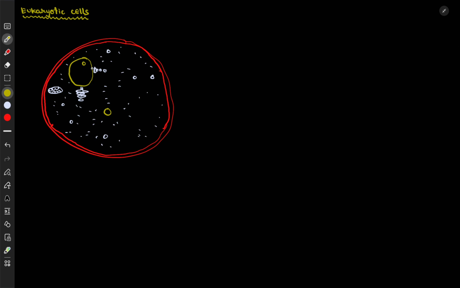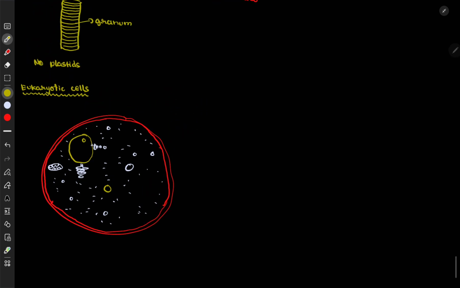We'll explain each of them in detail, so you don't need to worry. Now, this may look like a really simple diagram, but you have the nucleus, cytoplasm, then a few small vacuoles. Let's draw a little bigger ones, like this size, so that you can represent it. So this is your cell membrane.